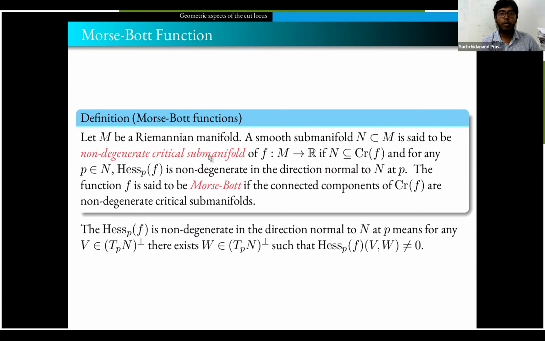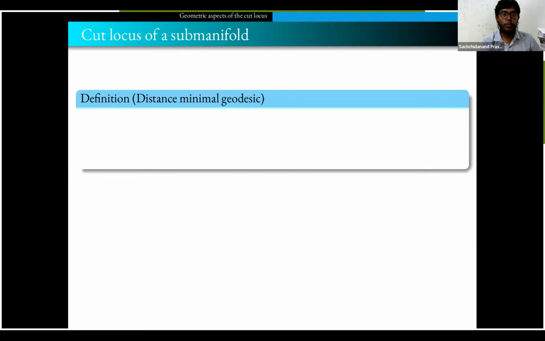So now we will define the second part, which is the cut locus. Before going to the definition of cut locus of a submanifold, we need distance minimal geodesic from a submanifold.